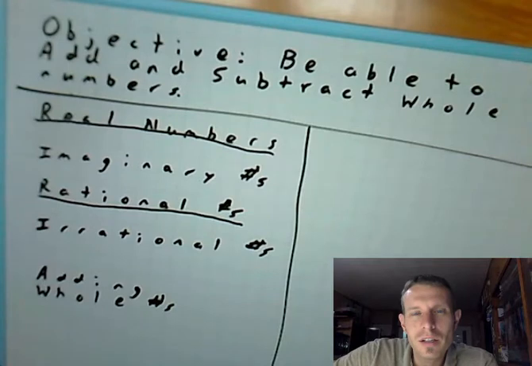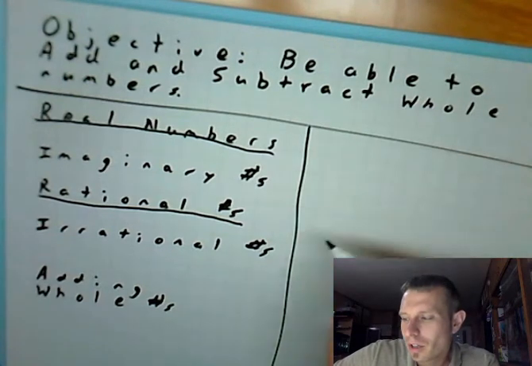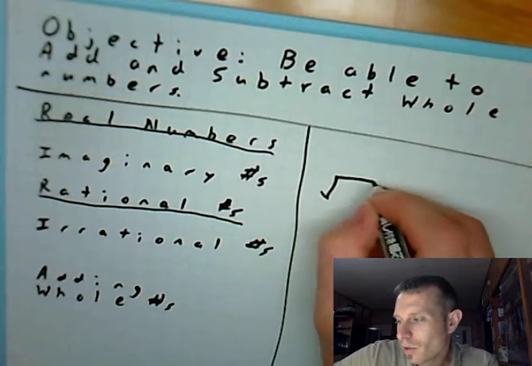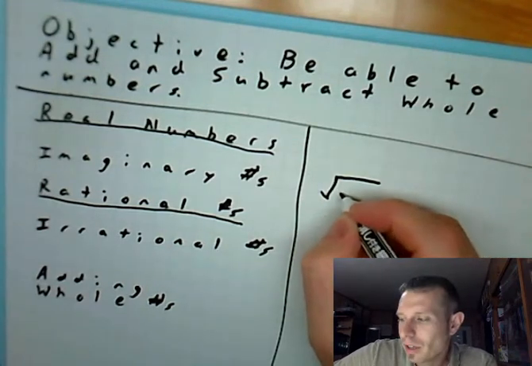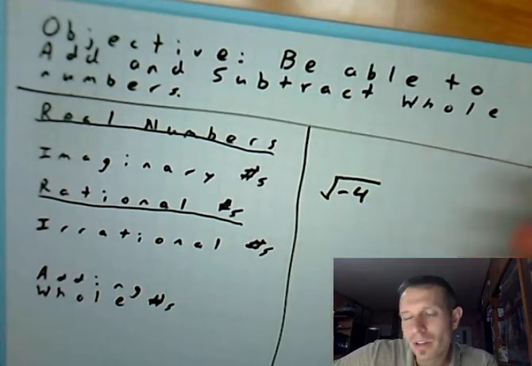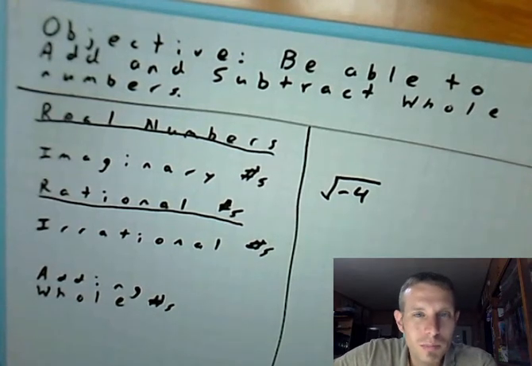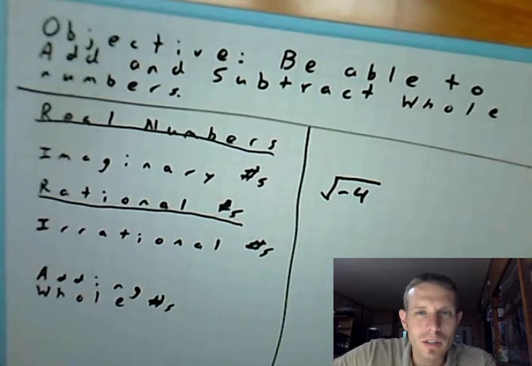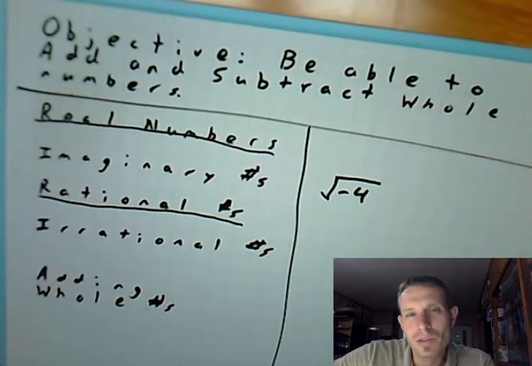The typical example given that's not a real number is an imaginary number, and that would be something like the square root of a negative number. We know the square root of positive 4 is 2, because 2 times 2 is 4. But you can't multiply 2 times 2 and get negative 4.